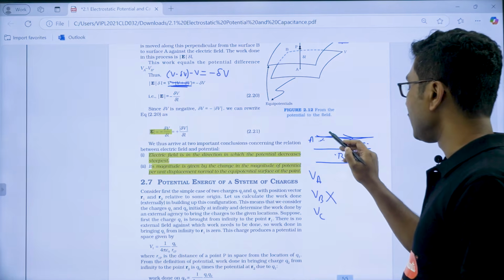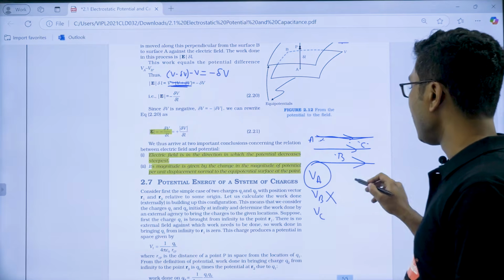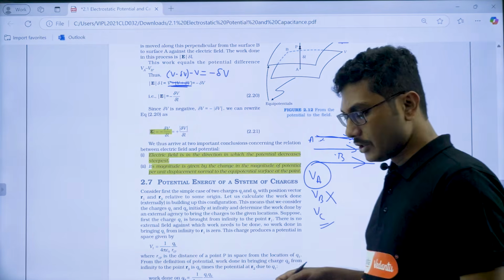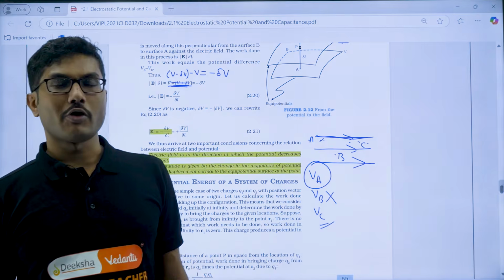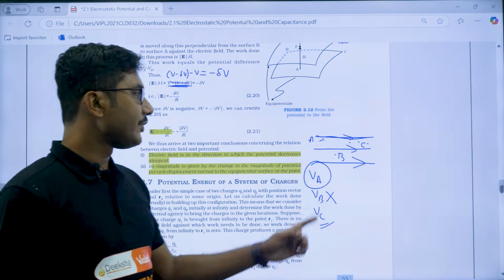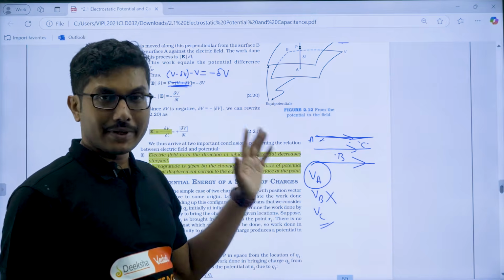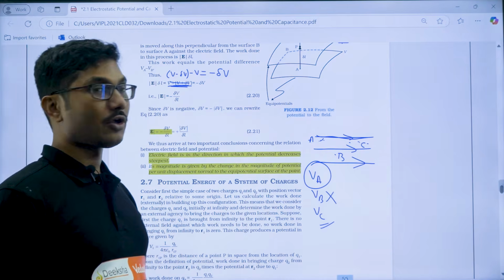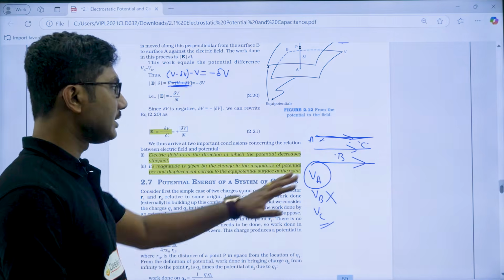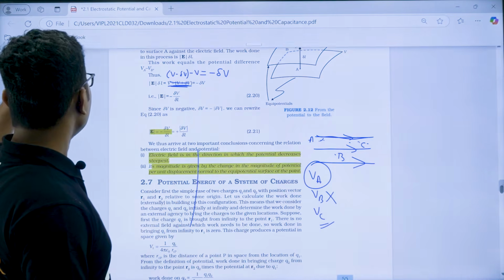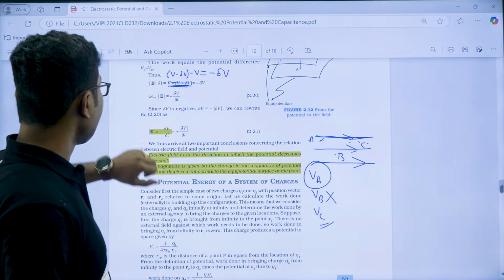So, electric potential VA is definitely maximum, VC is minimum. Okay, in this case, VA will be the maximum for these 3 points, and VC will be minimum, because electric potential always decreases in the direction of electric field. So, this is basically a HOTS question that you might face, right.